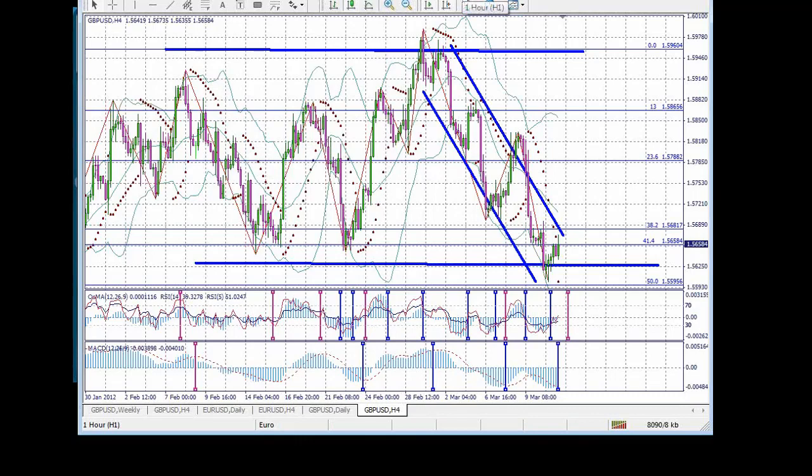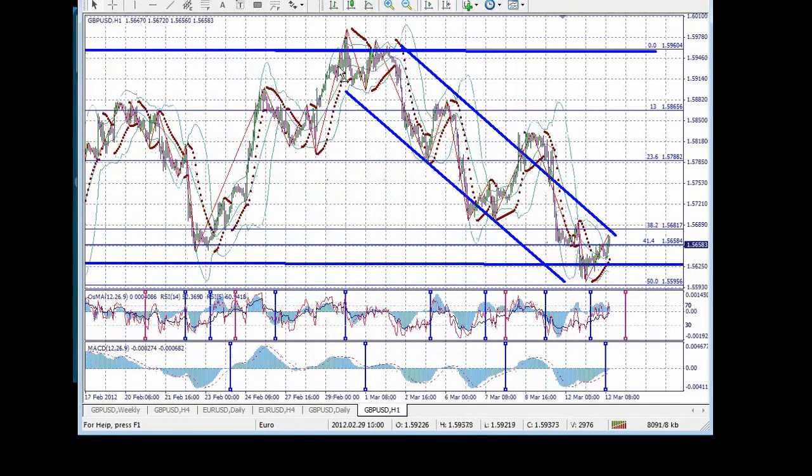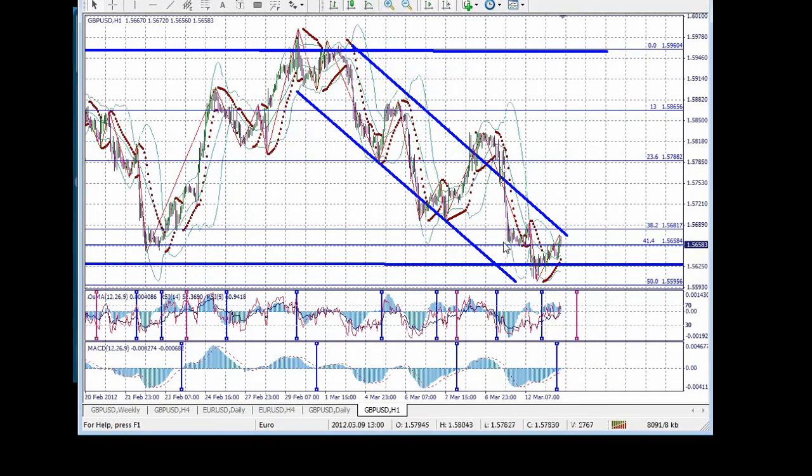What is happening if we go into the 1-hour chart? In the 1-hour chart, it is actually more clear that we have one channel with waves. We have some waves.